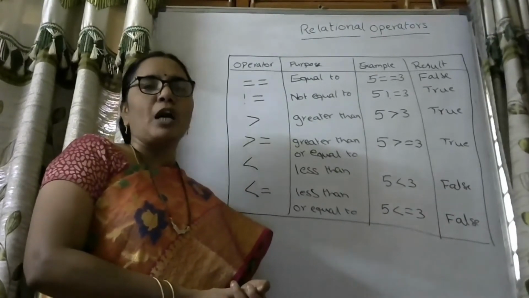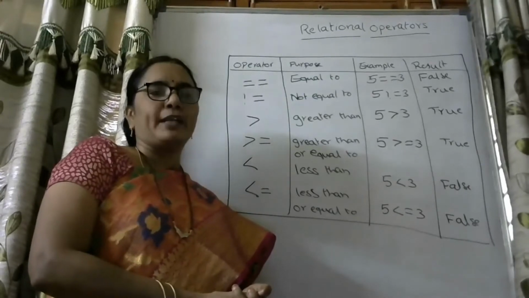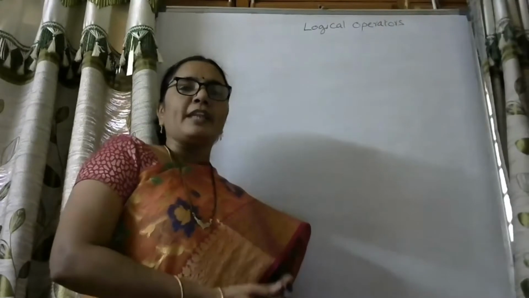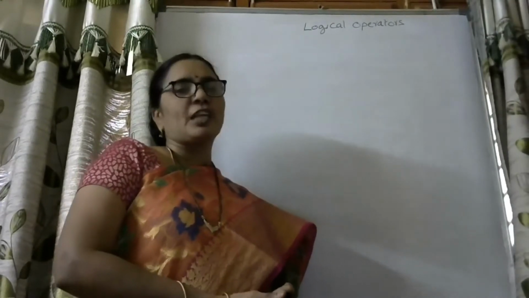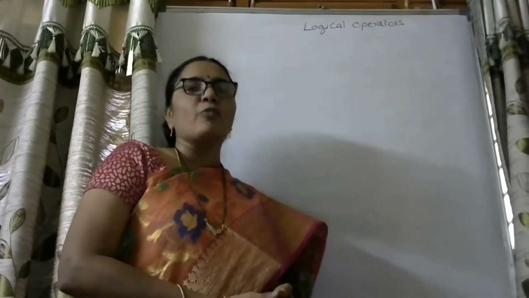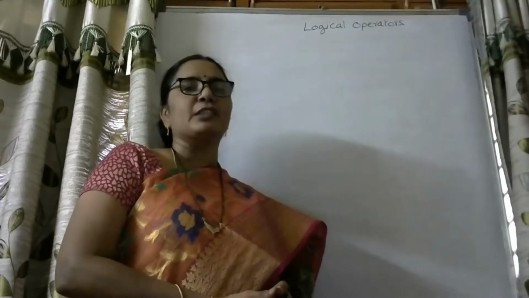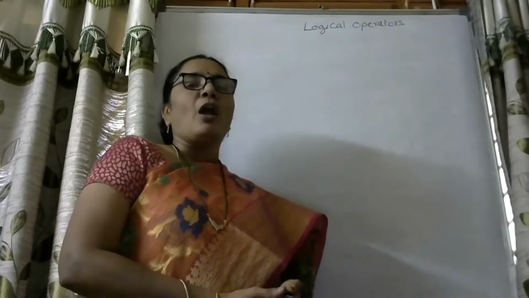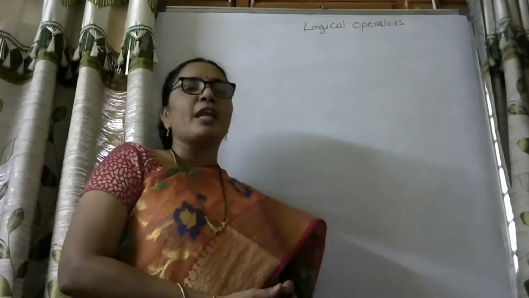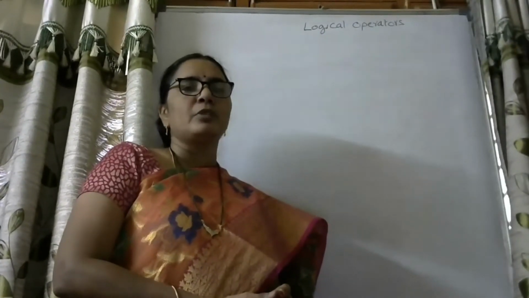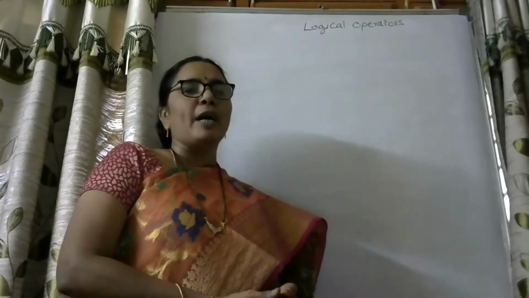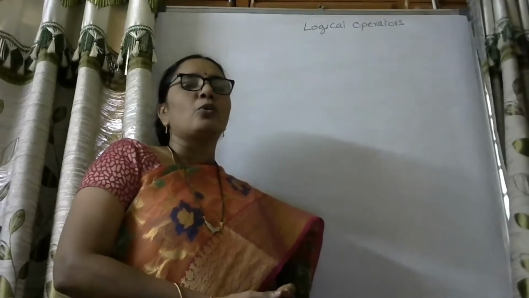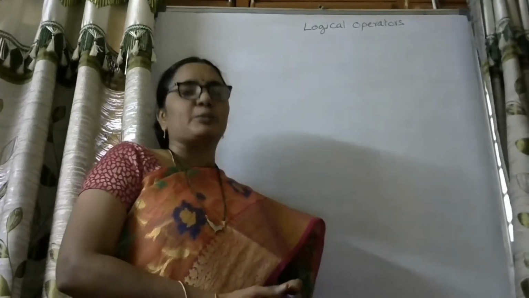Now let us move to the logical operators. Now let us try to define what is a logical operator, and we will see what are the different logical operators which you can use in your Python expression. A logical operator is an operator which is used to combine two or more relational expressions.